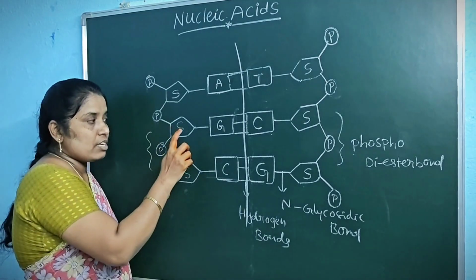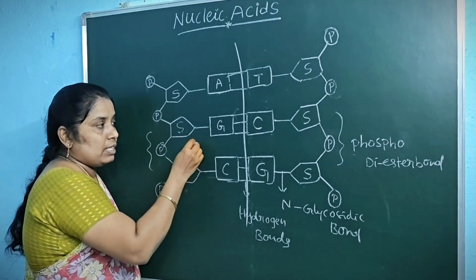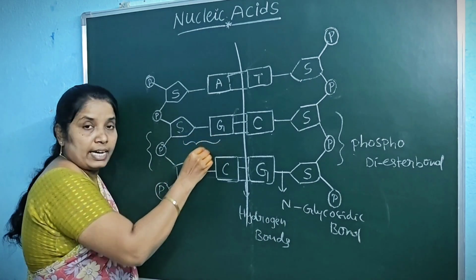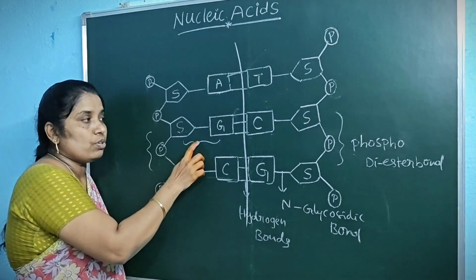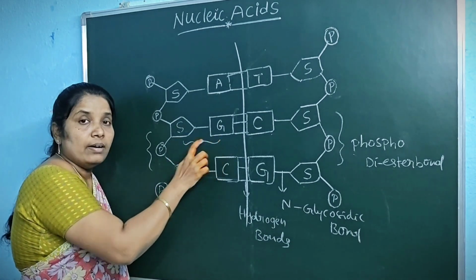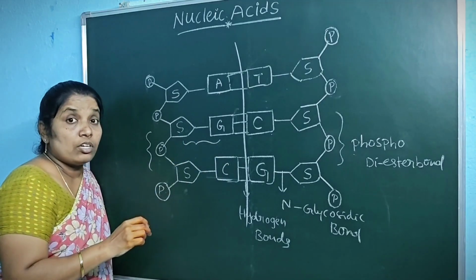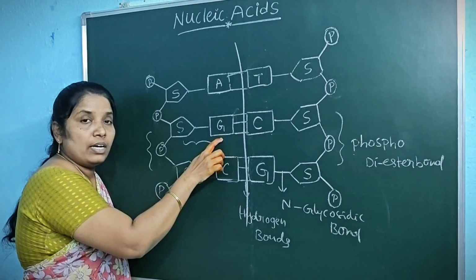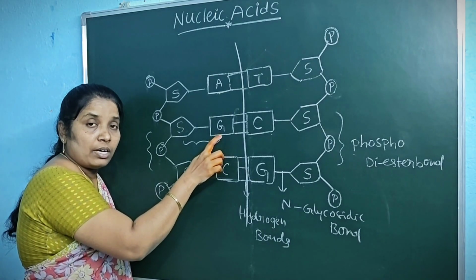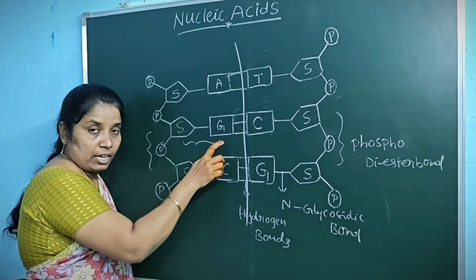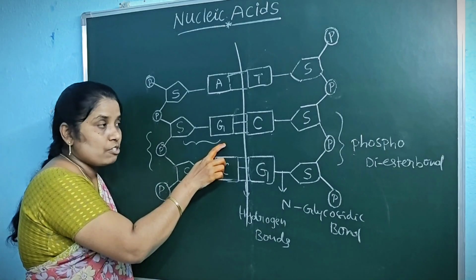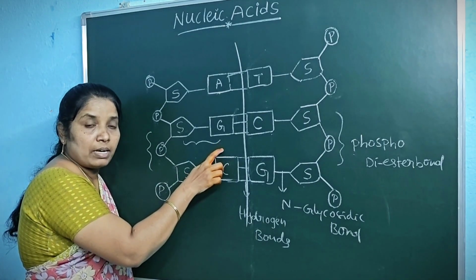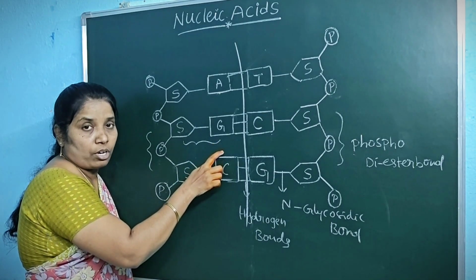Okay. So these two are called nucleosides, as I told you earlier. The combination of sugar and base is called a nucleoside. The sugar is linked to either purine or pyrimidine bases, which are nothing but nitrogen bases, with the bond being the N-glycosidic bond.